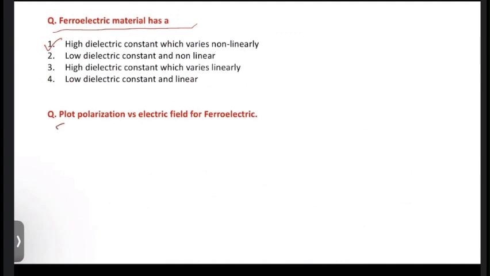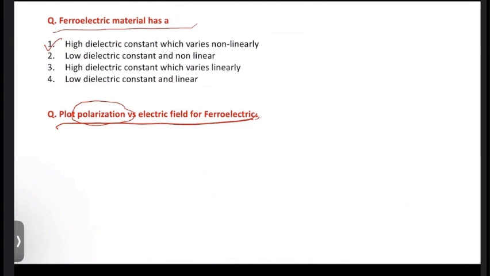Now, next question. Plot polarization versus electric field for ferroelectric material. For ferroelectrics, you need to understand that we have understood there is a generation of polarization in ferroelectric material.